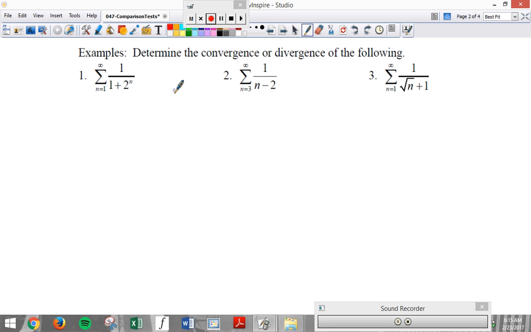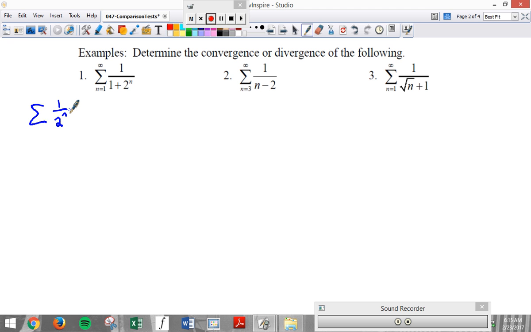Frequently, the technique we will use for the direct comparison test is just get rid of other stuff in the denominator. So here I have this 1 plus in the denominator. So I'm thinking, well, what would happen if I got rid of that? Then we'd be looking at the series 1 over 2 to the n.